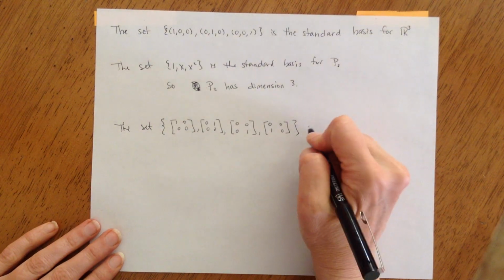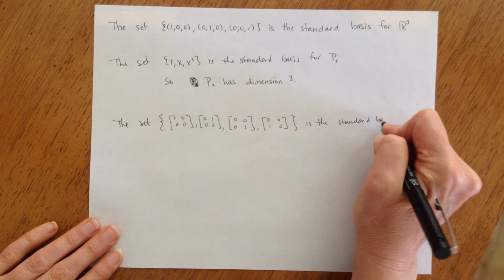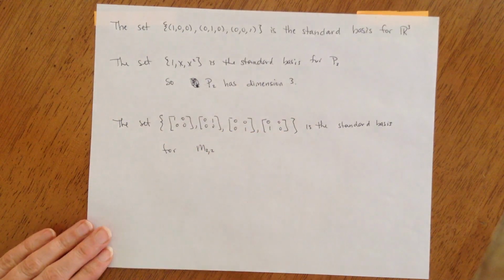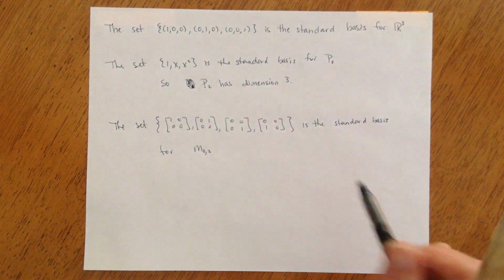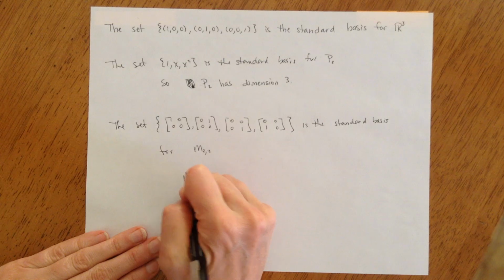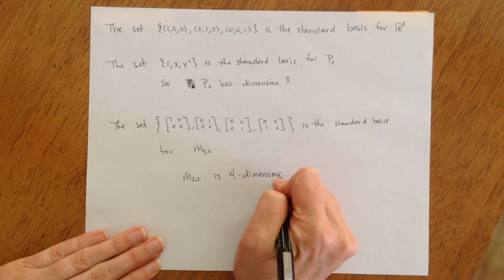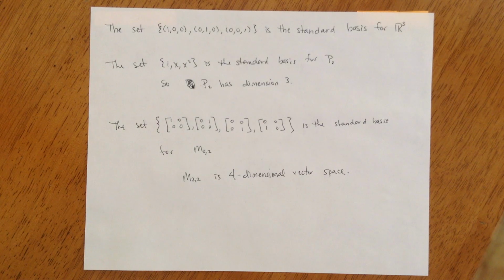This is the standard basis for M22, the set of 2 by 2 matrices with real entries under the usual operations. And so this is a 4-dimensional vector space. Which should be fairly intuitive, because you have 4 positions you have to fill. Again, M22 is sort of equivalent to R4.